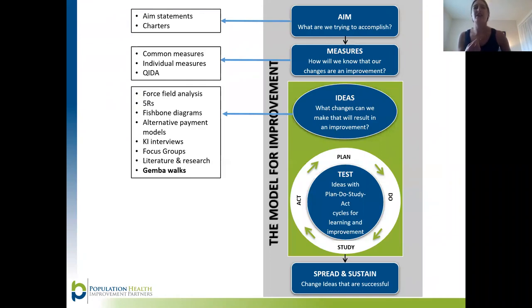I know many of you have done a lot of in-depth work around those key informant interviews and those focus groups, and you all have obviously been looking at the literature and the research to see best practices and promising practices and bright spots and all of that great stuff. And I know some of you have been doing observations as well, and the gemba walks really fit under that observation piece. So that's what we're going to be talking more about today.